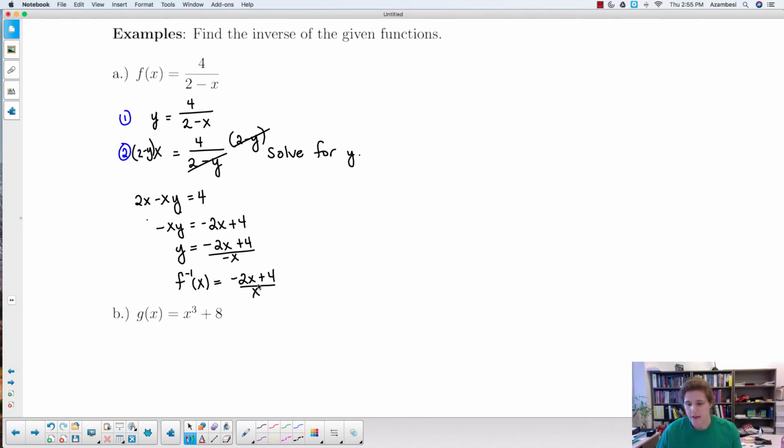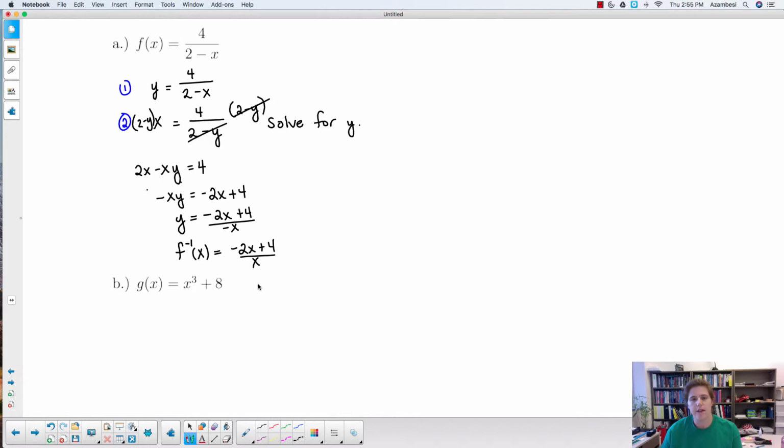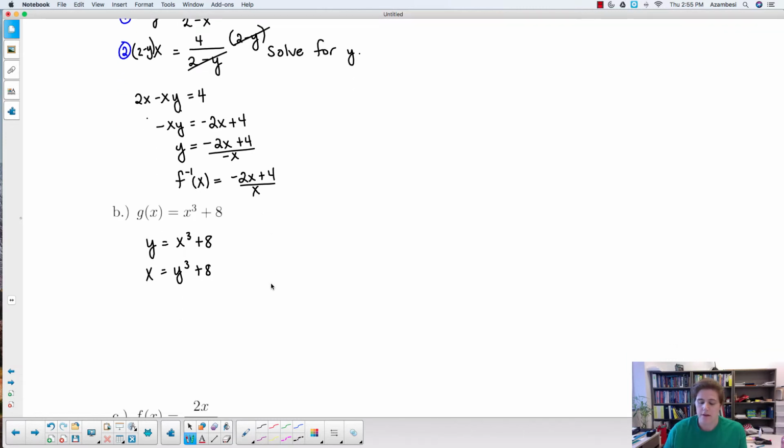Now if I want to take a look at a different kind of function, g of x is equal to x cubed plus 8, so the process is still the same. y is equal to x cubed plus 8. Switching x and y, I get x equal to y cubed plus 8. And then I need to solve for y again. So subtracting 8 from both sides, x minus 8 is equal to y cubed.